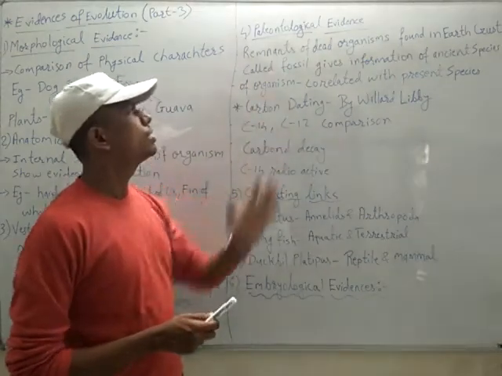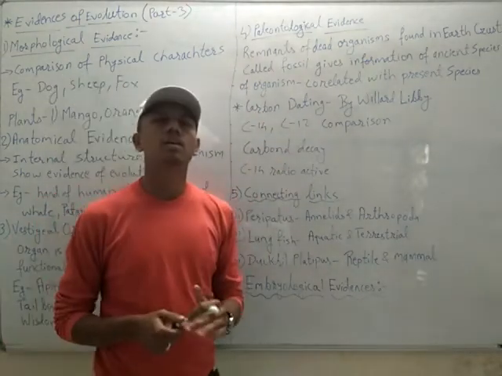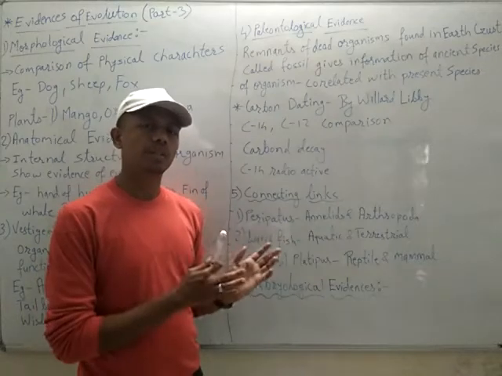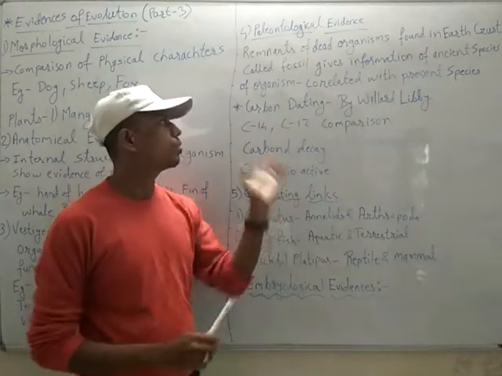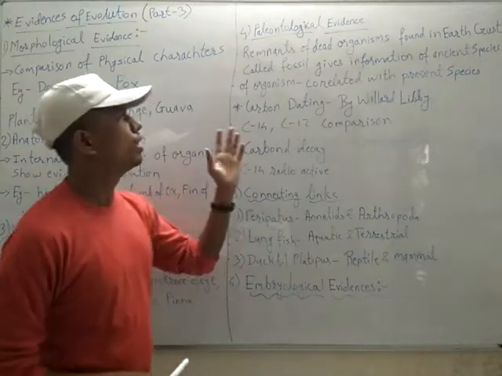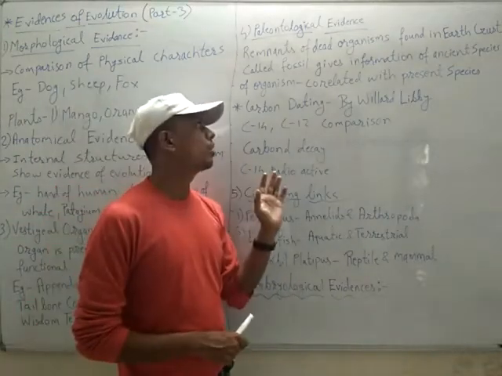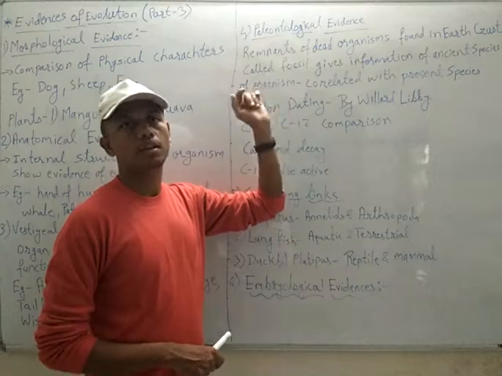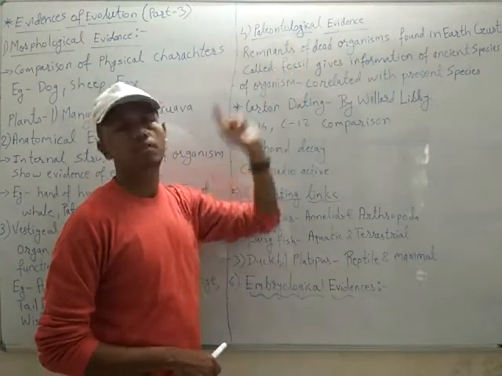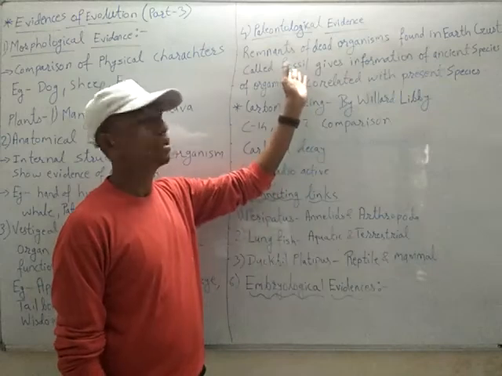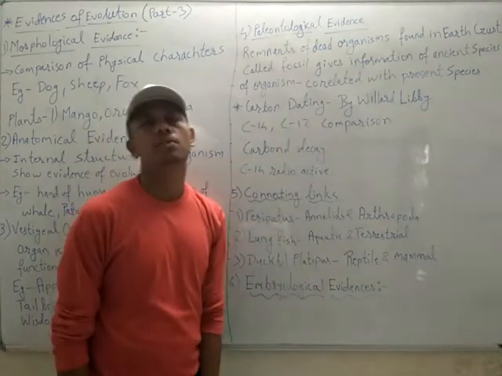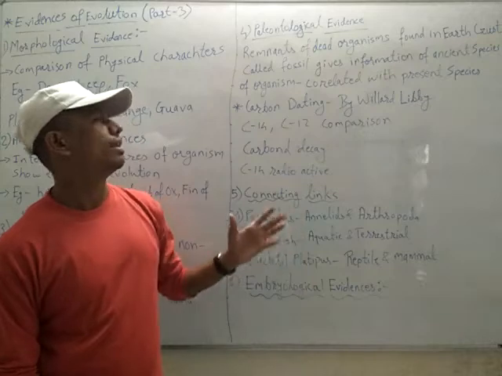So this gives information about evolution, how the organism was previously present, which characters were present, how the anatomical structure was of that organism found in digging or mining as a fossil. So we can compare the anatomical structure of this fossil with the present species of the organism.